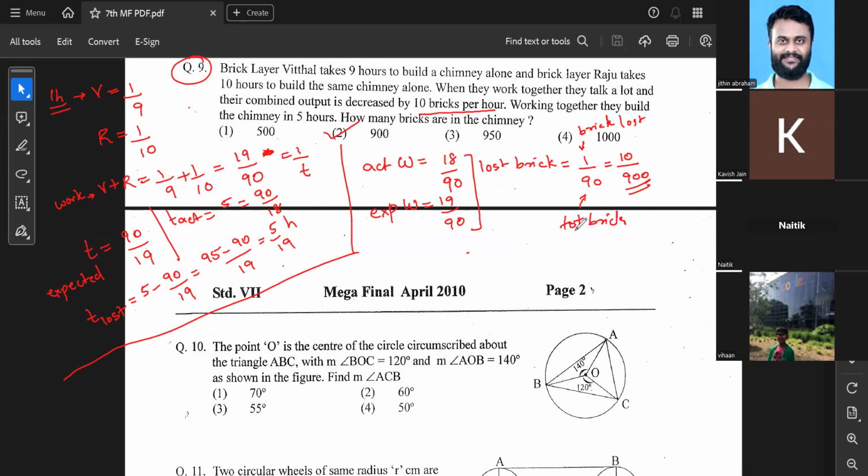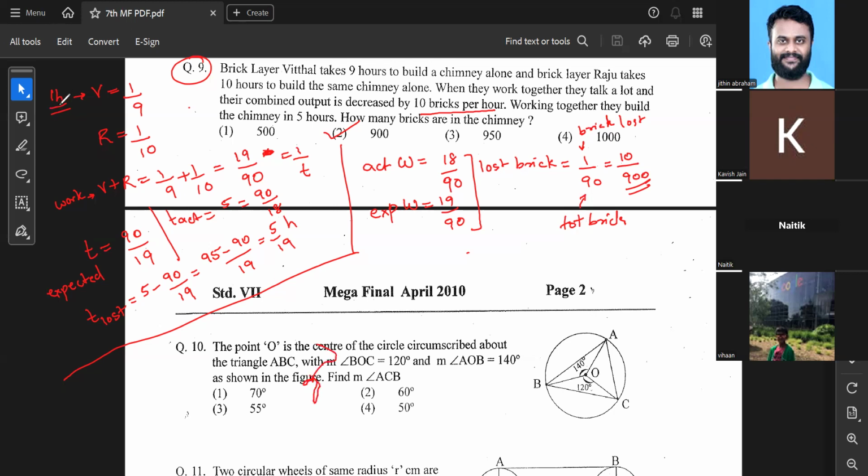For example, if you are getting 5 upon 10, you have scored 5 marks out of 10 marks, right? Similarly, 1 by 90 means they have lost one brick out of the total of 90 bricks. But since the question says it's not one brick, they have lost 10 bricks per hour. Understood?